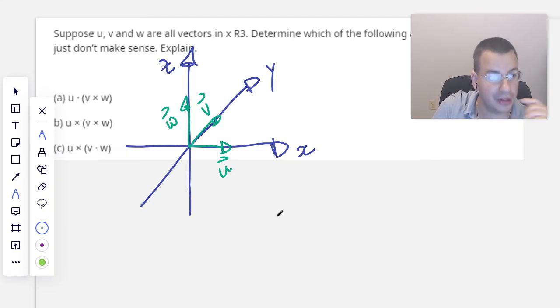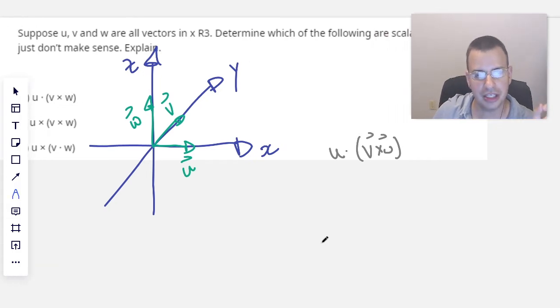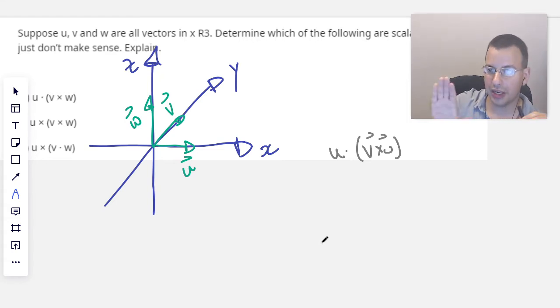All right. So the thing with cross products is, so we have u dot v cross w. And so we're going to do the v cross w first inside the parentheses. The thing with cross products is it's a measure of how perpendicular two vectors are. So the way I do it, right hand rule, you place your right hand in the direction of the first vector, in this case v.